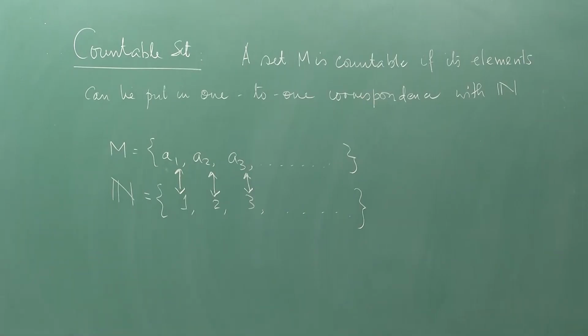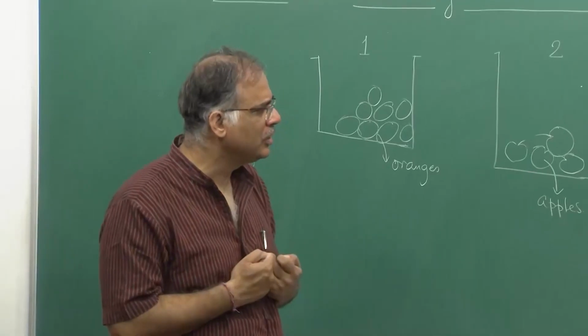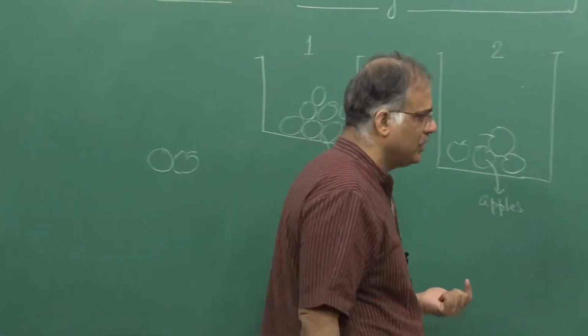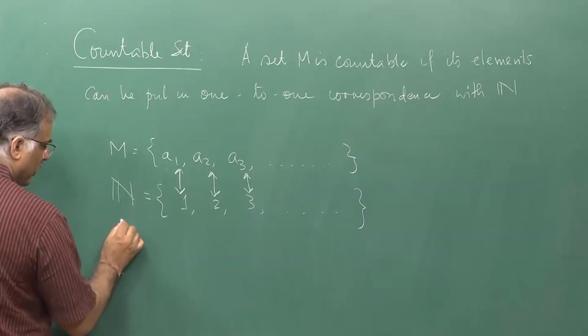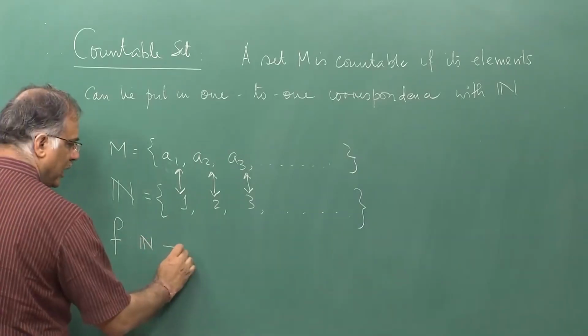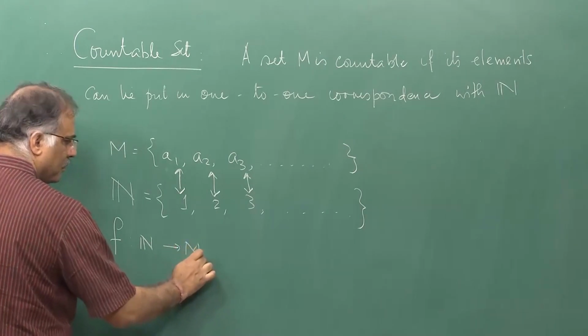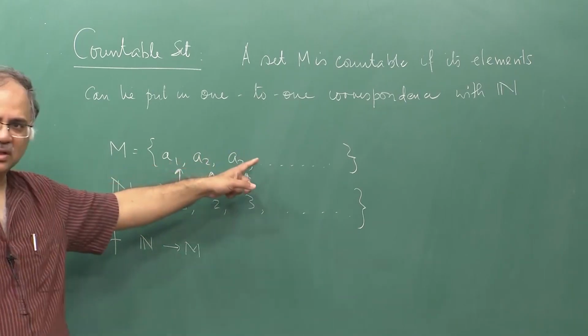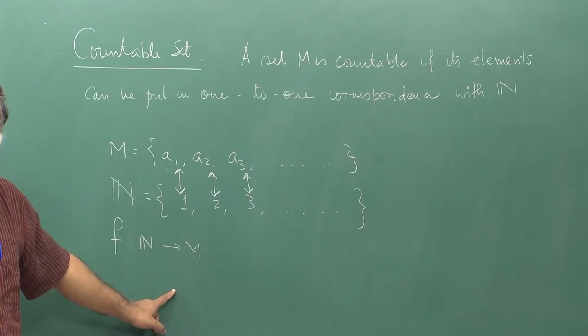This whole process of one-to-one correspondence, if you have learnt in high school, is actually a way of creating a function. So essentially what we have done is created a function from the set of natural numbers N to the set M. This is a very abstract function, but if a1, a2, a3 are real numbers, then we will call such a function a sequence.